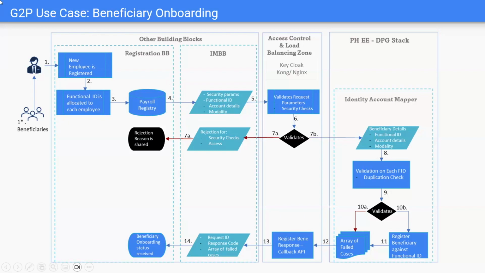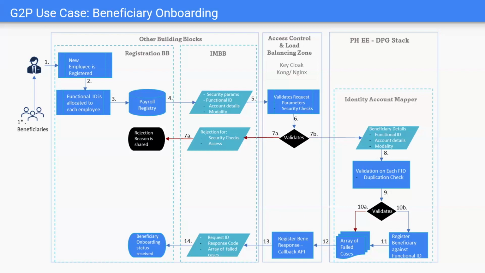Once that is done, the registration building block allocates certain functional IDs to each of the employees. These functional IDs could be unknown to the beneficiaries, or they could be known; it depends upon the implementation design of the registration building block.